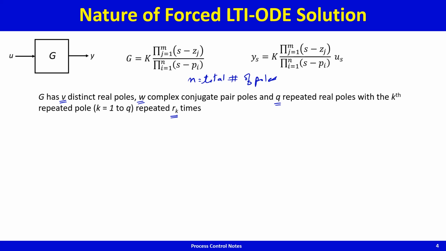The total number of roots has to be n, and let's just say, without loss of generality, that v of the poles are real and distinct, w complex conjugate pair poles are there for that transfer function, and you have then q repeated roots.